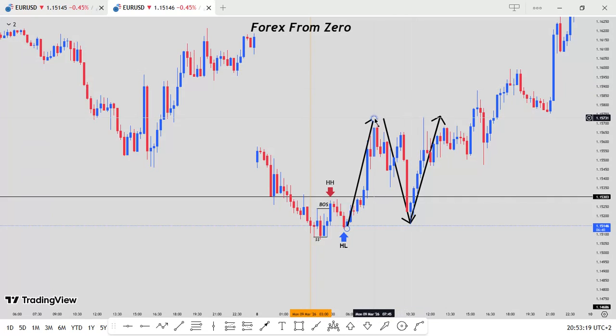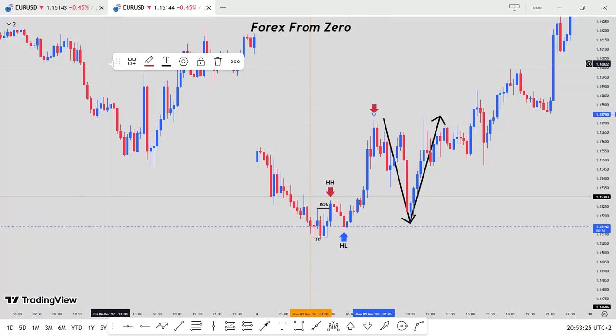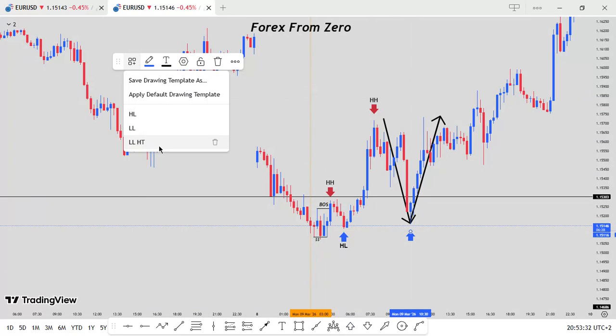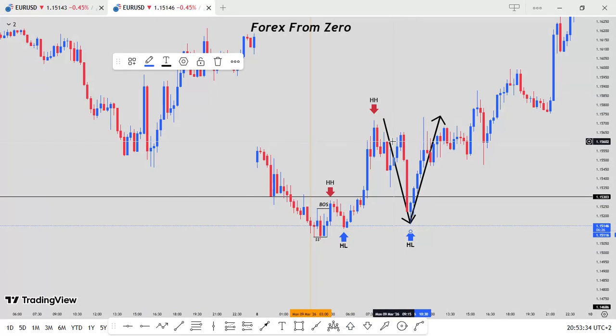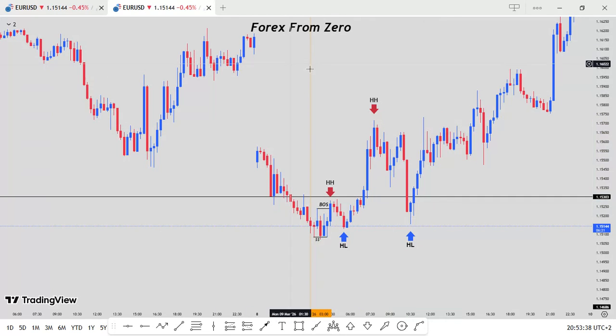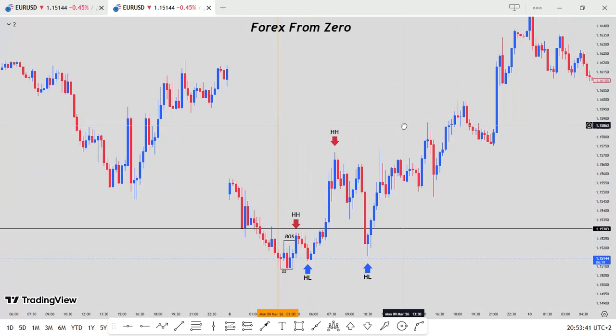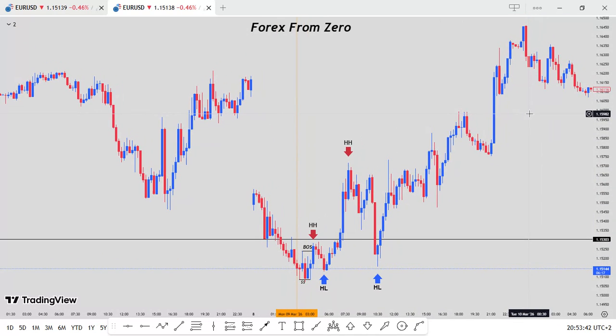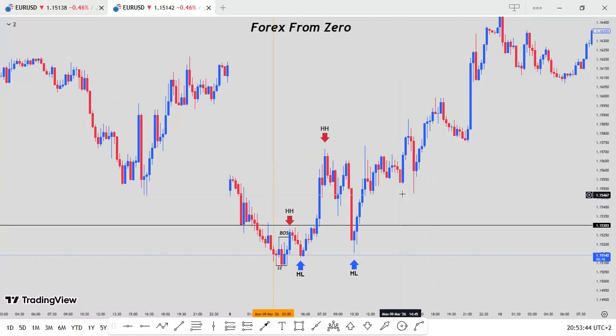Okay, so having this in mind, let me just mark this as our higher high again, and this as our higher low. Then let's continue on noticing price. What is price still doing?